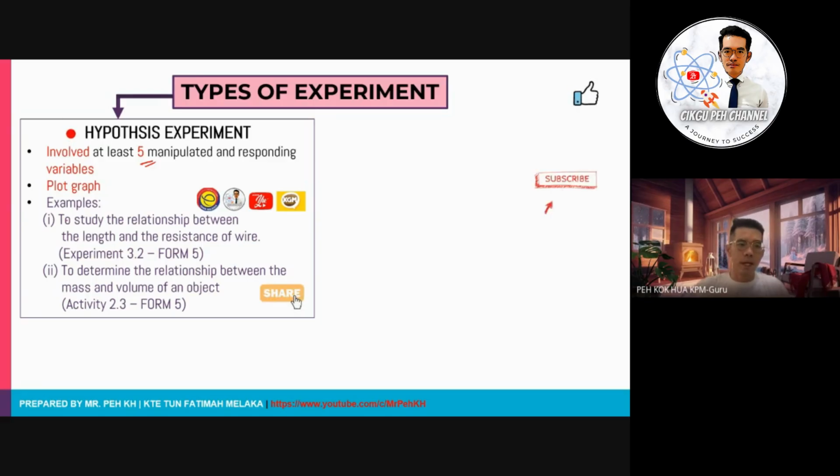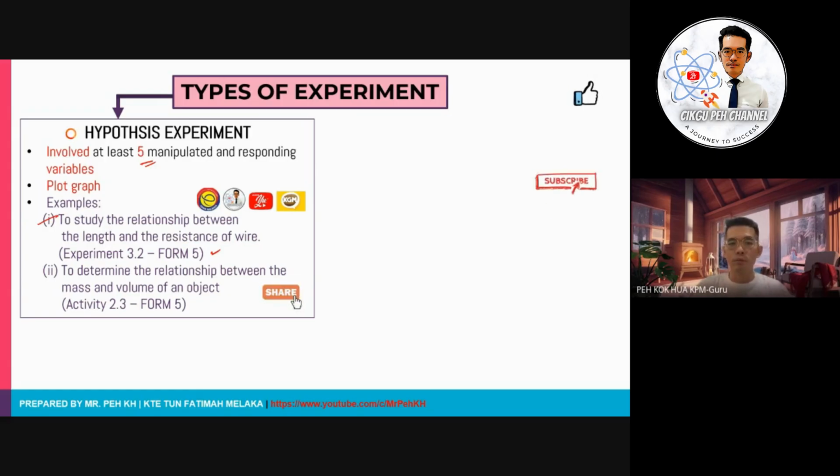An example of the experiment under the hypothesis experiment type is here, an example from Chapter 3 of the Form 5 syllabus, electricity: to study the relationship between the length and the resistance of a wire. The students have to change the length of the wire and find out the resistance of the wire with different lengths.